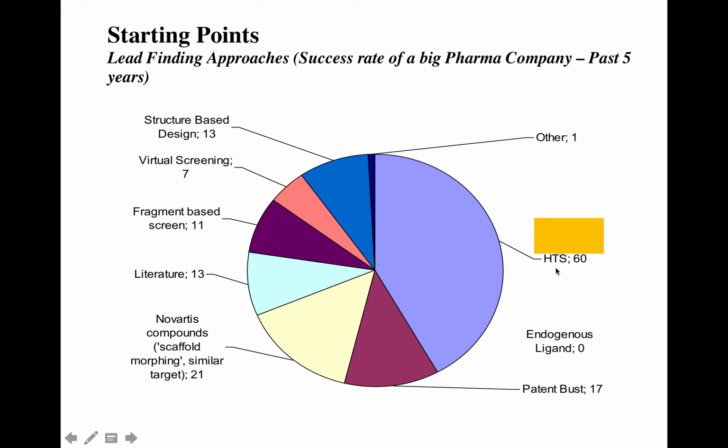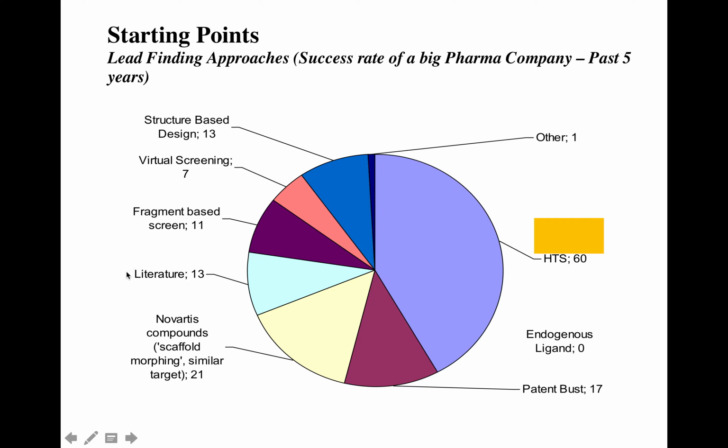First of all, the main area where they found the most lead compounds is through high-throughput screening. We'll discuss high-throughput screening just now. Then you can see here that they've used virtual screening. About 7% of all of their lead compounds were identified through virtual screening. Virtual screening is where you use computer software to identify new drug compounds.